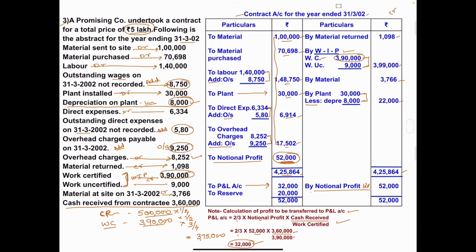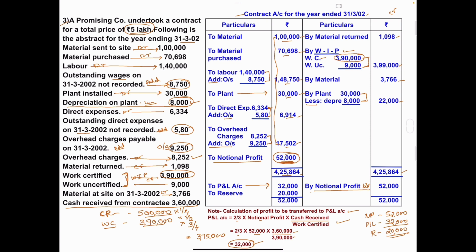So the total notional profit amount is 52,000. Out of this, to profit and loss account, we have transferred 32,000. So the remaining amount is transferred to reserve, that is 20,000. From 52,000 minus 32,000, you will get 20,000.